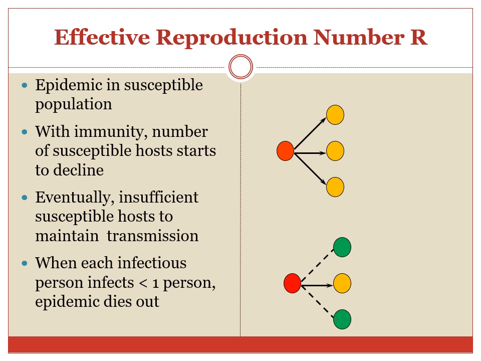So here you see an epidemic in a susceptible population. One person infects 3 people. With immunity, the number of susceptible hosts starts to decline. So eventually there are insufficient susceptible hosts to maintain transmission, and when each infectious person infects less than 1 person, the epidemic dies out.